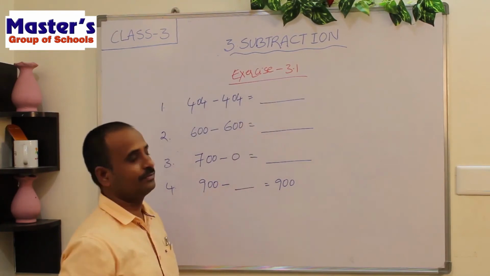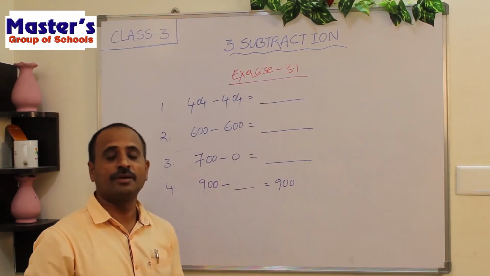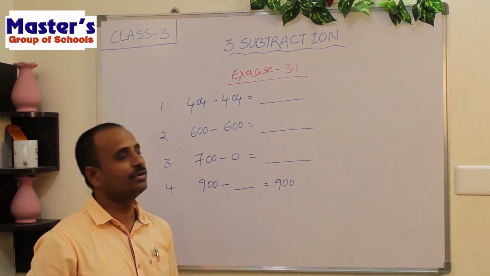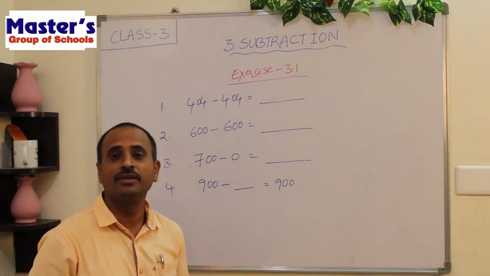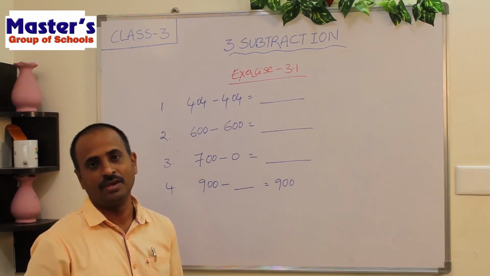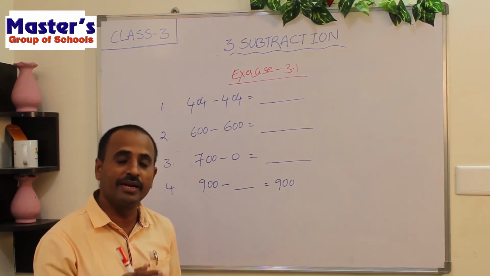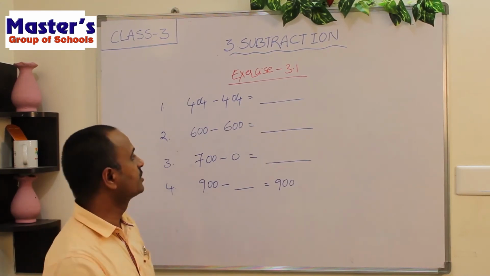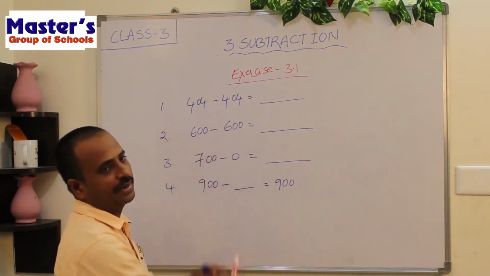Exercise 3.1. Let us practice some subtractions which are based on the properties of subtraction. What are the properties? If any number is subtracted from itself, we will get 0. And if we subtract 0 from any number, we will get the same number. By using these properties, we will now solve these subtractions.